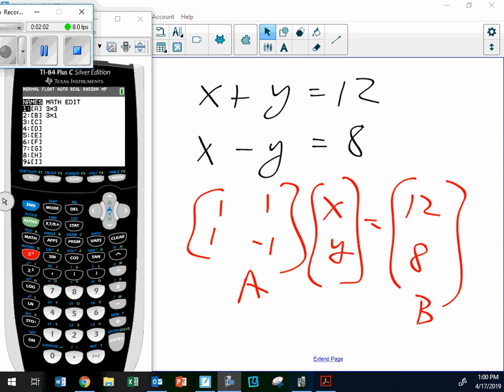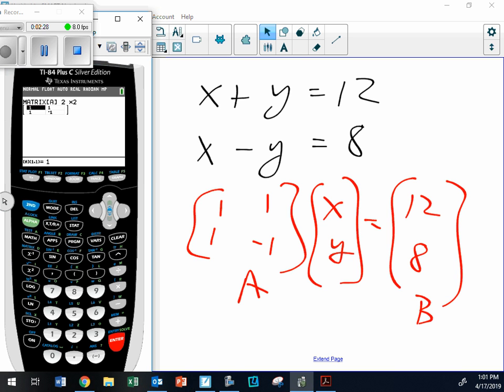Okay, so for the people that could use some review on how to put this in the calculator, I am going into the matrix. I'm going into edit mode, and then I hit enter. And now it is a 2 by 2 matrix. If you look at the A matrix there on the left, it's a 2 by 2. 2 by 2, enter. And then it's 1, 1, 1, negative 1. There we go.